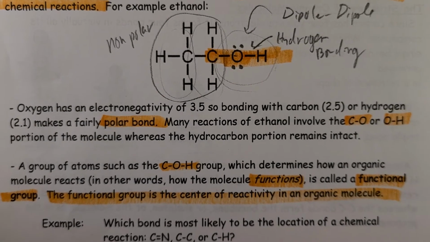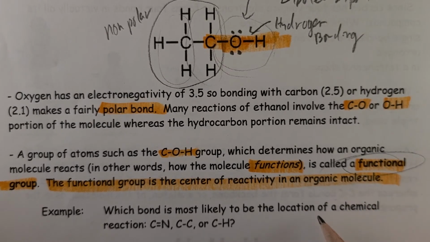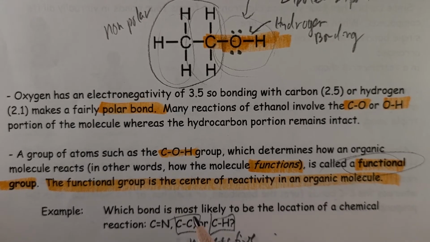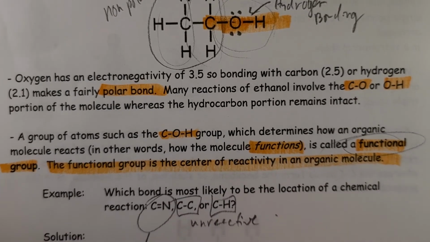So if I look here, which bond is likely to be the center of reaction or the functional area? Again, we said that CC and CH are virtually unreactive. So when I have C bonded to something else, chances are that's where it is going to be.